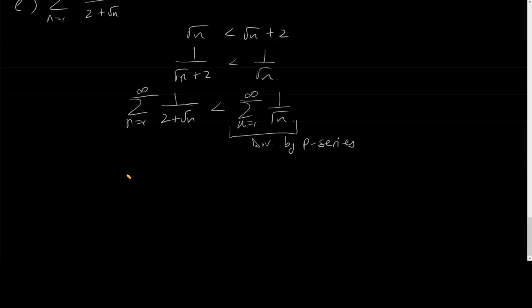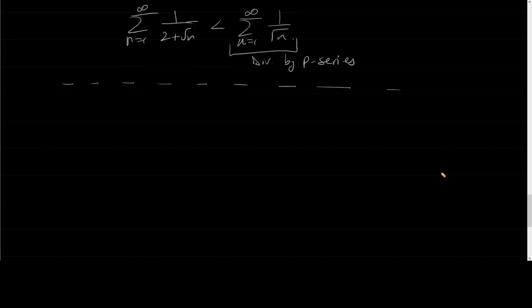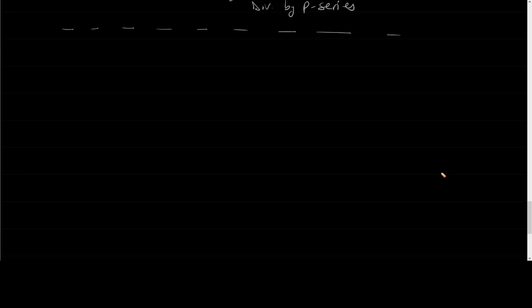We're going to come back to this problem because I want to talk about the next comparison test first. The next comparison test is called the limit comparison test. It is as follows.